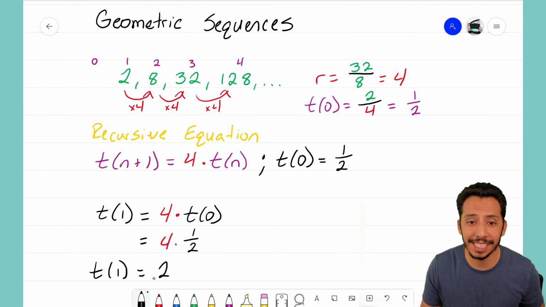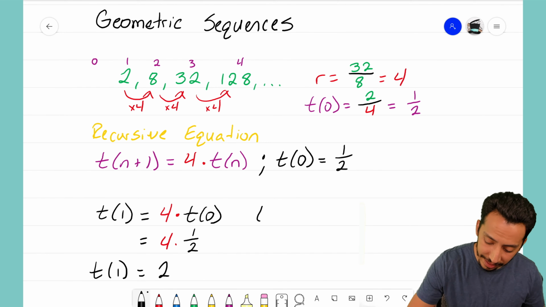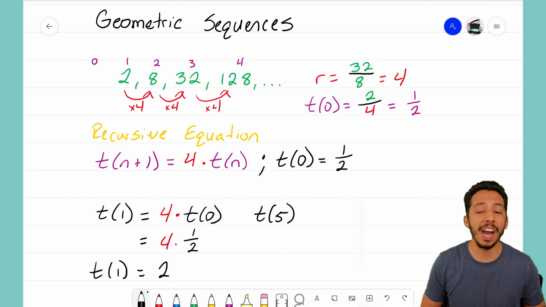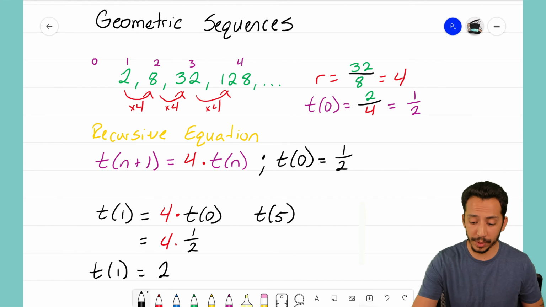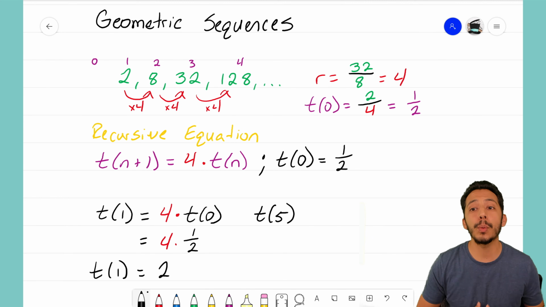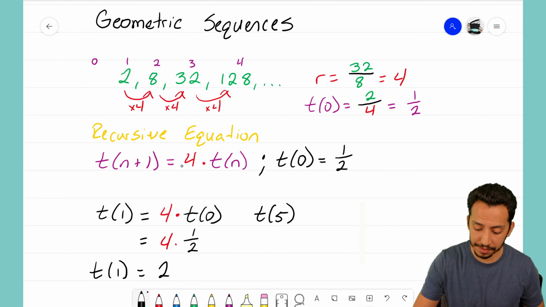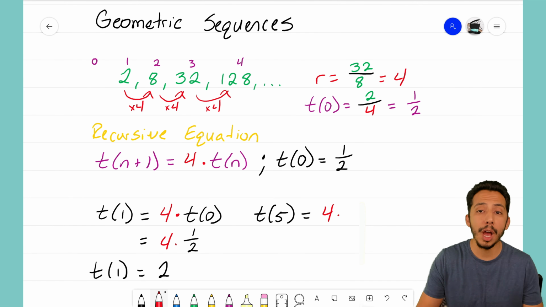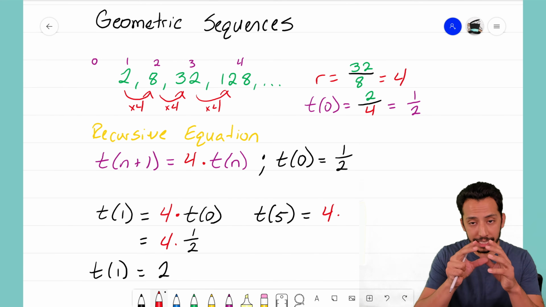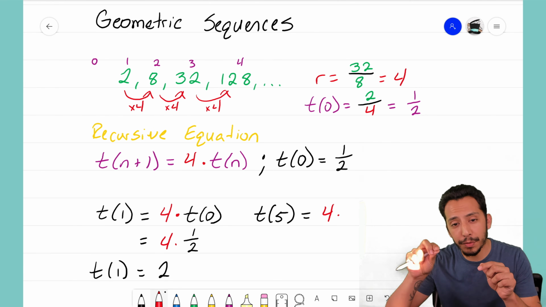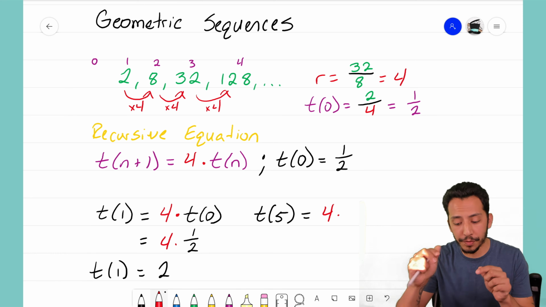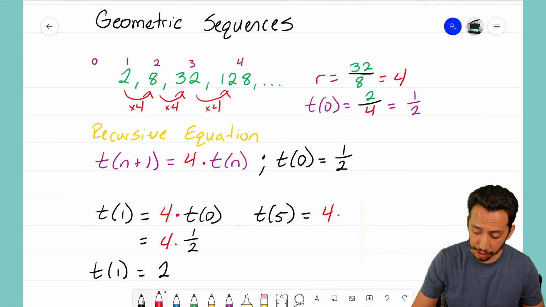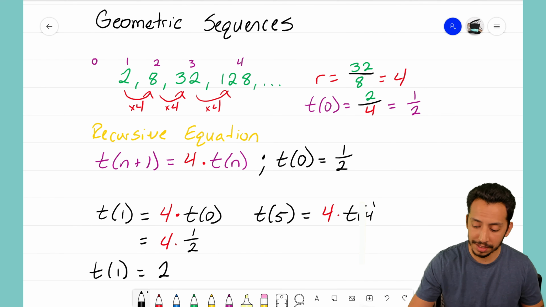We can repeat this process again. Let's say I wanted to find the 5th term of this sequence. We don't see that 5th term here, but I want to find it. So it says to take t of 5 equals our common ratio, which is 4, times the term before. The term before our 5th term is our 4th term, t of 4.